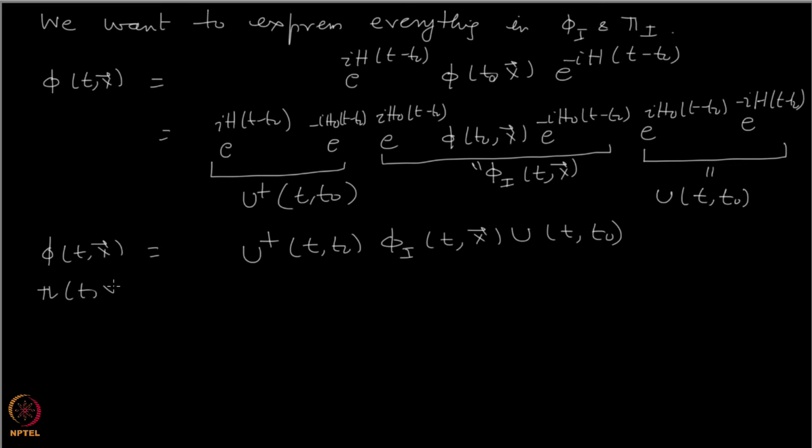In the same fashion, you will get the following. So now our issue is to do something to U to turn it into an expression involving only phi_I's. Okay, so that's the task. Okay, so let's try that.